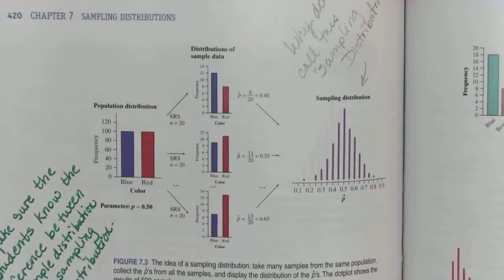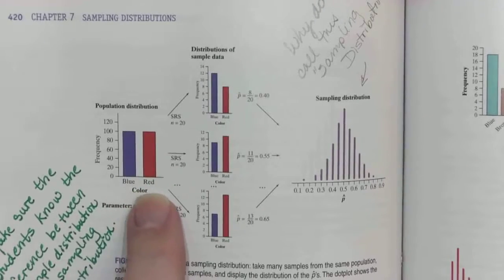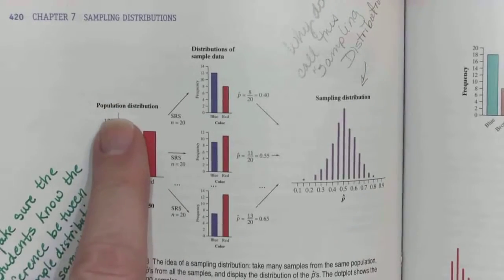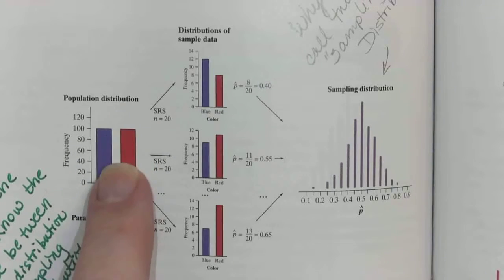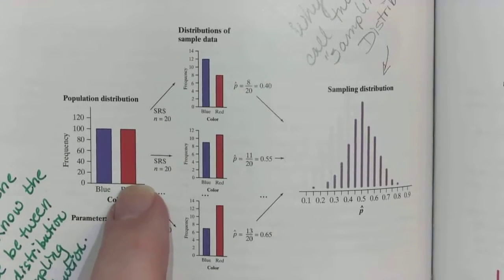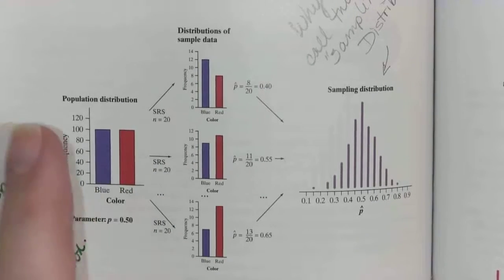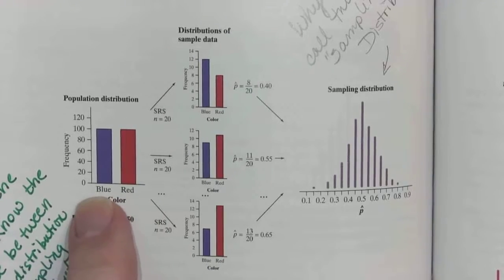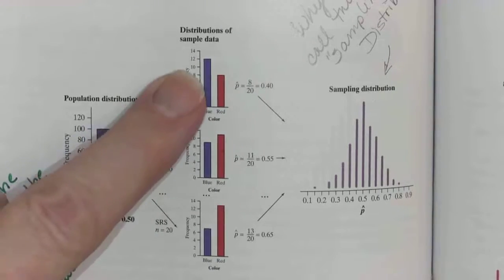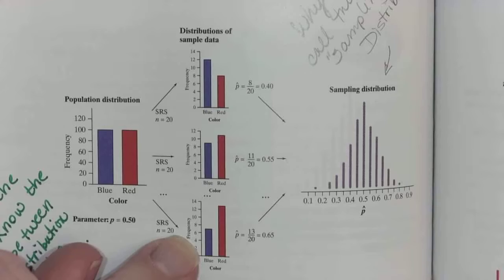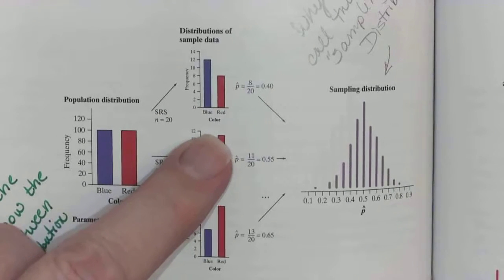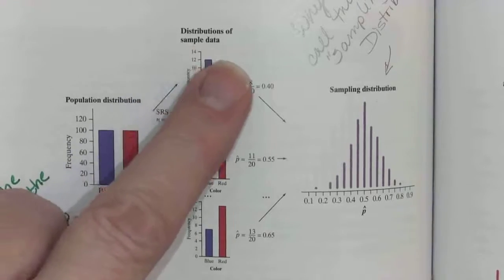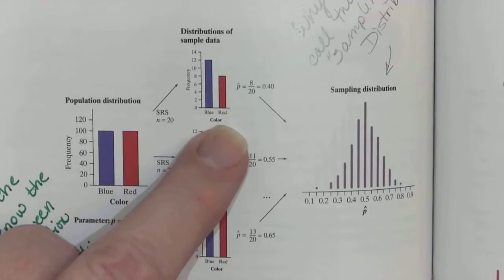Okay, now, so if we're looking at this, this is the population, and we need to go in a little bit so we can see it better. Okay, population distribution. I told you half of mine are red, half of them are not red. In their distribution, it was half are red, half are blue. Now, as you go over and do simple random samples, this person pulled one out, and this is their distribution of their specific sample.